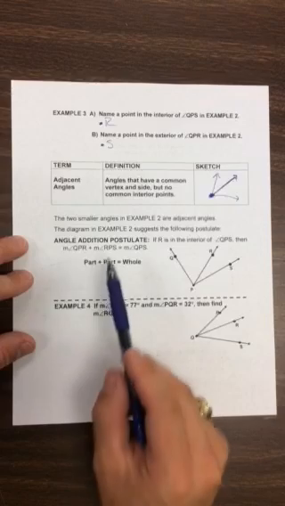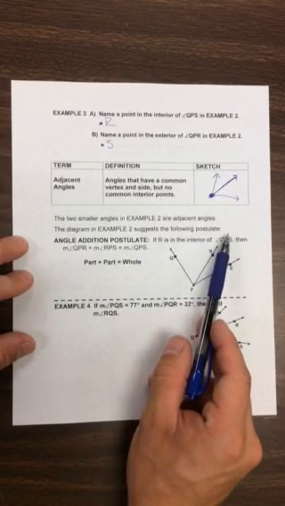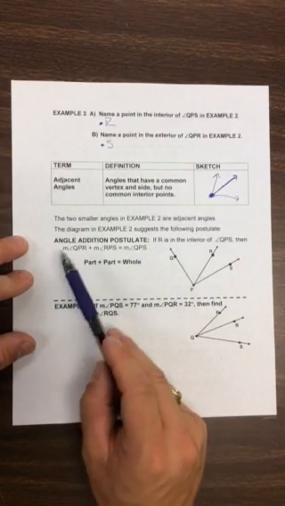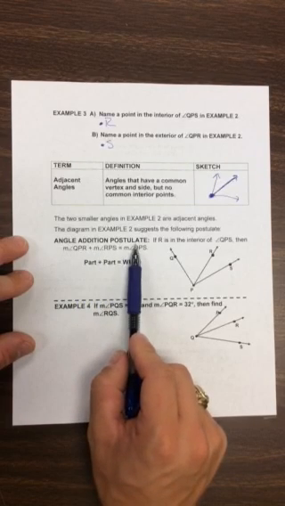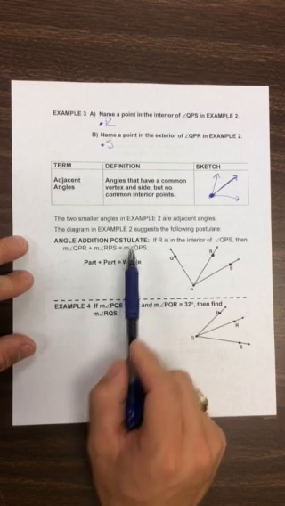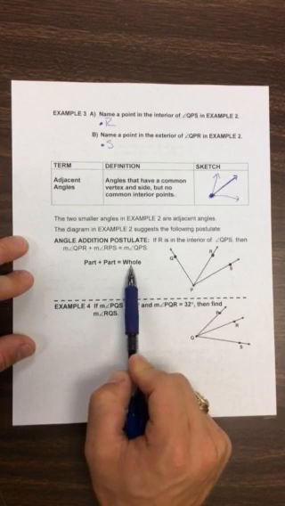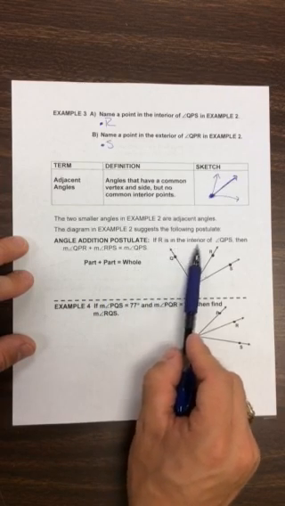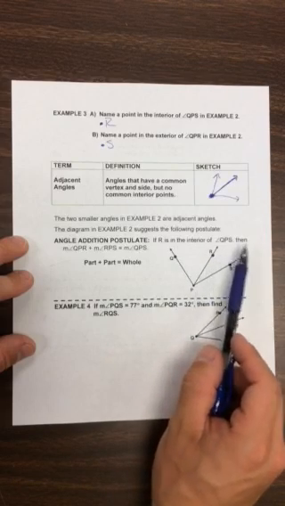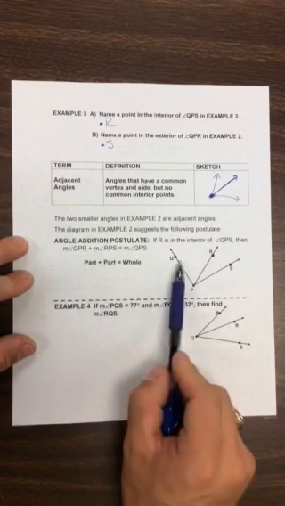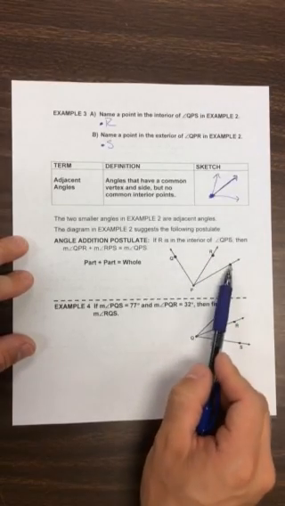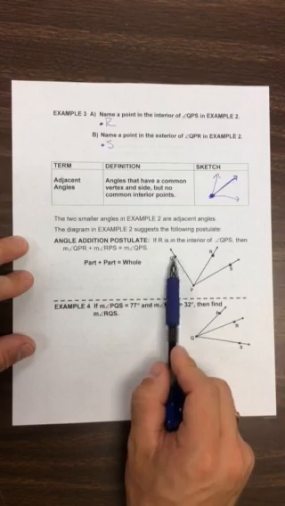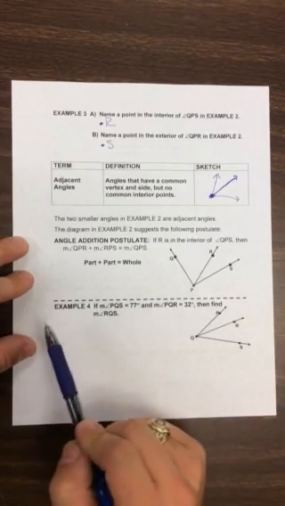The diagram in example 2 suggests the following postulate. Again, just like the segment addition postulate, we have the angle addition postulate. All it is is a fancy way to say part plus part equals whole. If R is in the interior of QPS, then QPR and RPS must equal QPS.